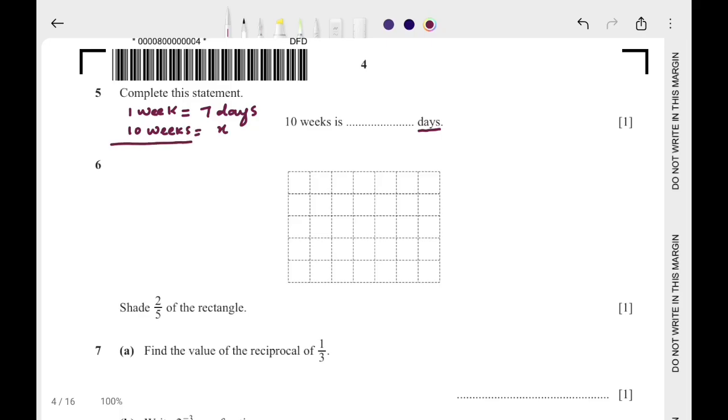So we'll do cross multiply. X is equal to 7 times 10 is equal to 70. Next question.